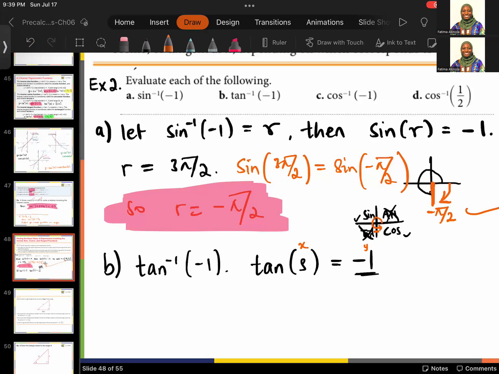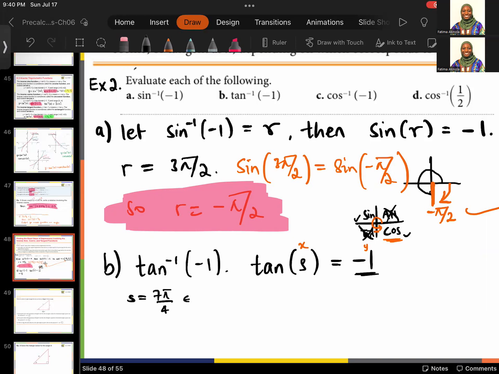That would be in the 4th quadrant, and in that case, that would be 7 pi over 4.